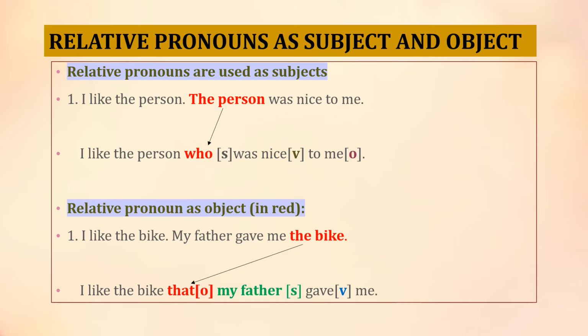Here that is standing in the position of object in the sentence. It states about the bike, which is in the object position. My father becomes a subject and gave becomes the verb. Thus we can find relative pronouns sometimes standing in the position of subject and sometimes in the position of objects.